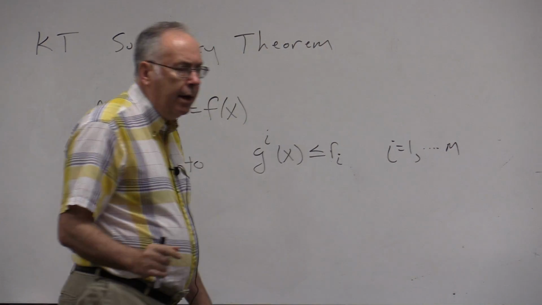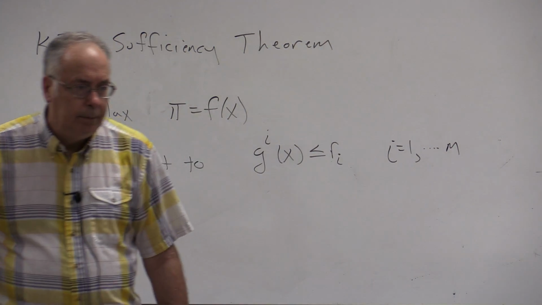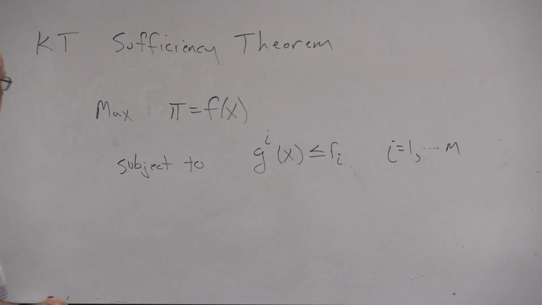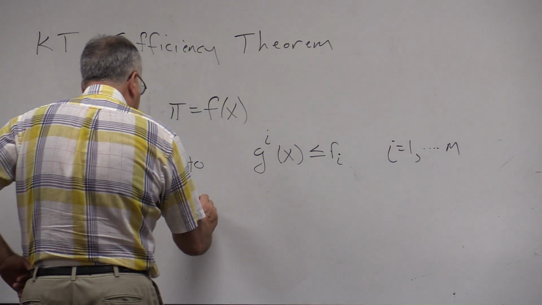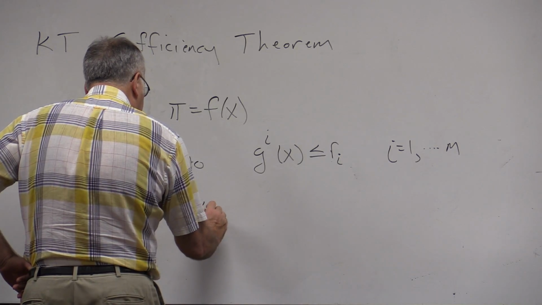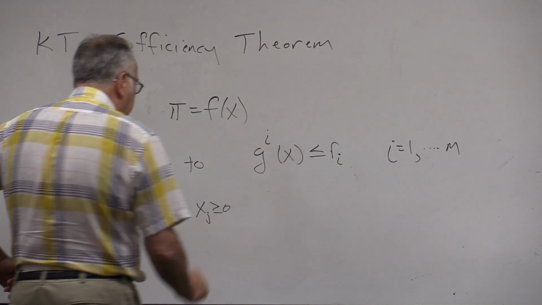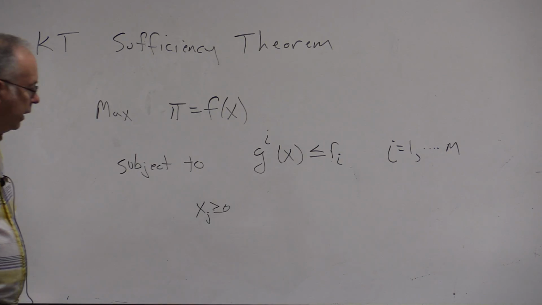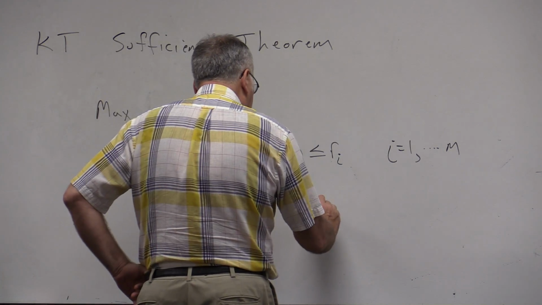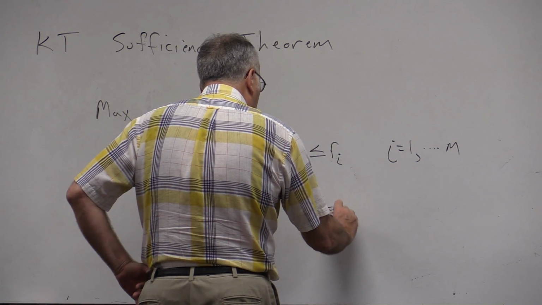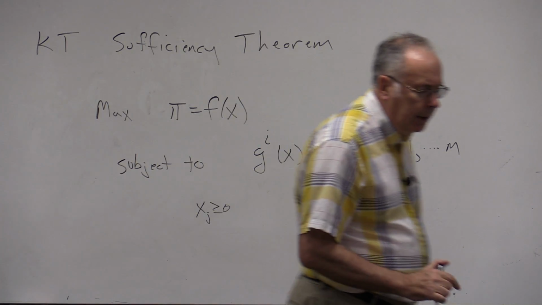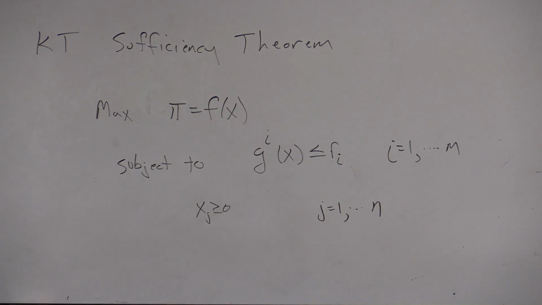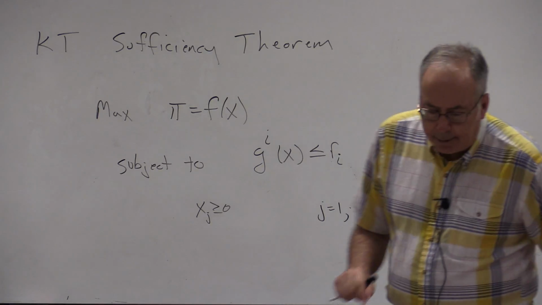So you might have m constraints. And you're going to have x sub j greater than or equal to 0. Those will be your non-negativity constraints, where j goes from 1 to n. Here we're going to assume n is greater than m. All right. So that is the problem.